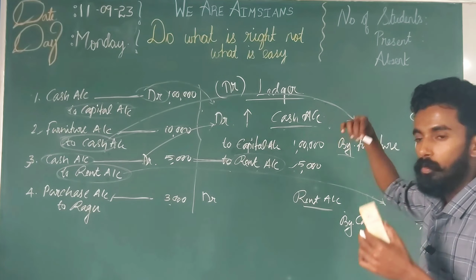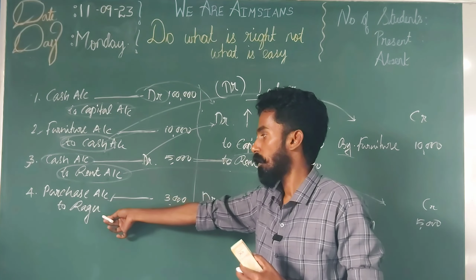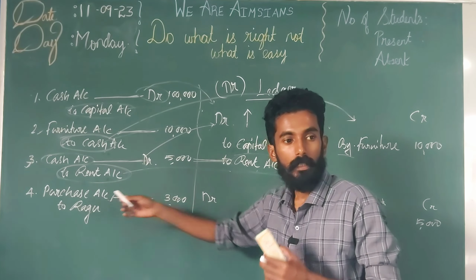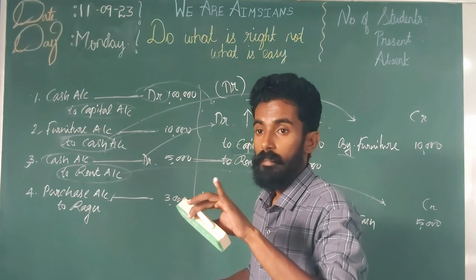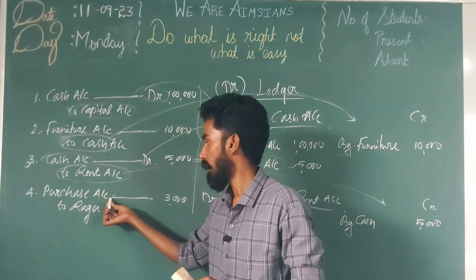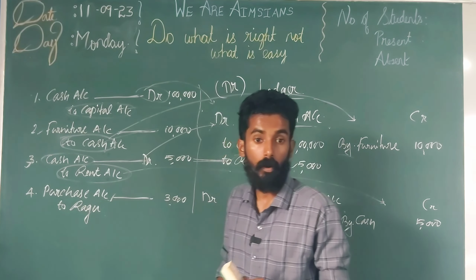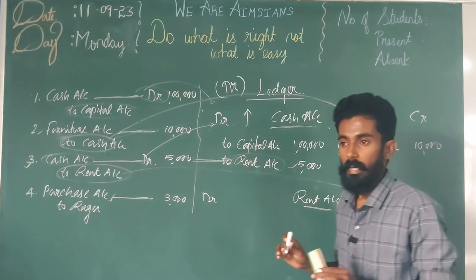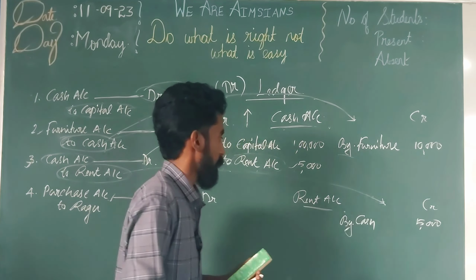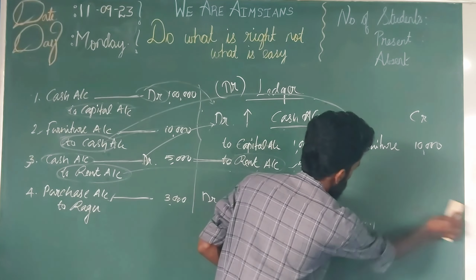If you check, you can also understand that purchase account is debited to Raghu account. This entry is going to affect only 2 accounts: one is purchase account and another one is Raghu account, not cash account. Is it clear? Now the third step is you have to balance this account.